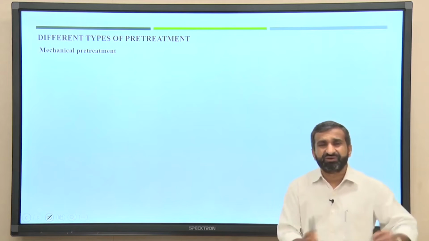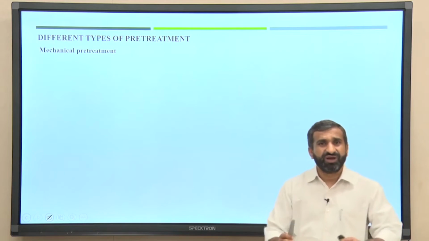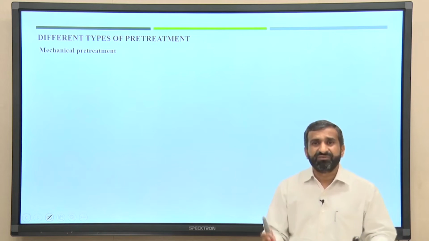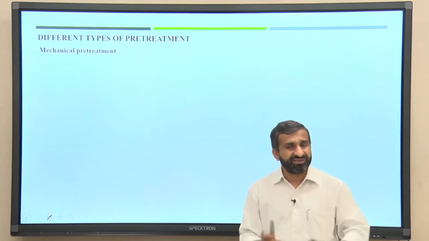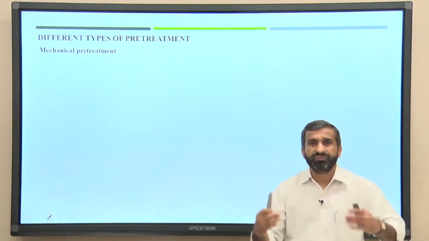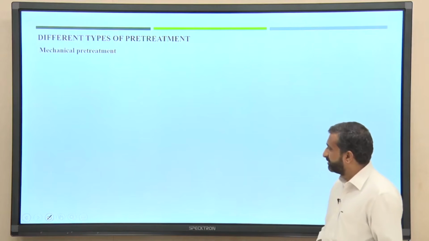So, it is very difficult for them to be attacked by microbial degradation. If you have proper pretreatment, they can be easily available for microbial degradation, and it also could be possible to improve the biogas yield from the degradation process. So, now we will see the different types of pretreatment process.